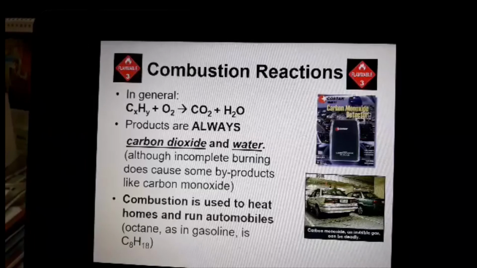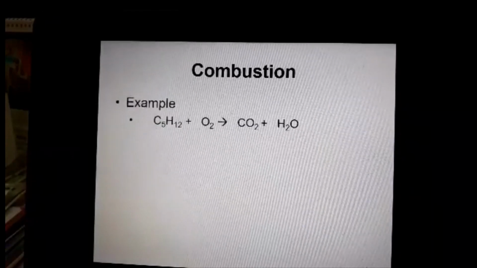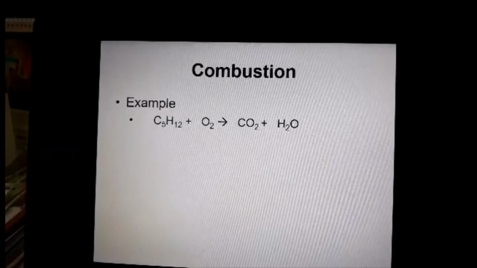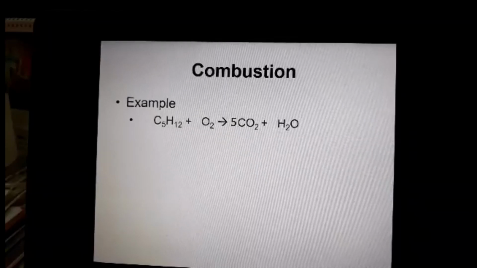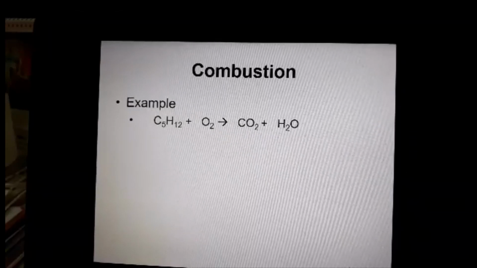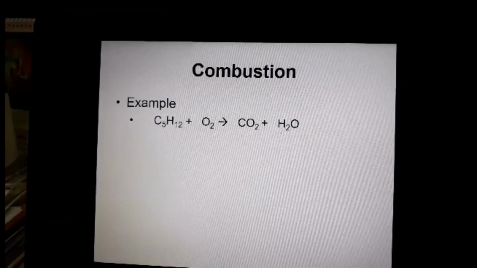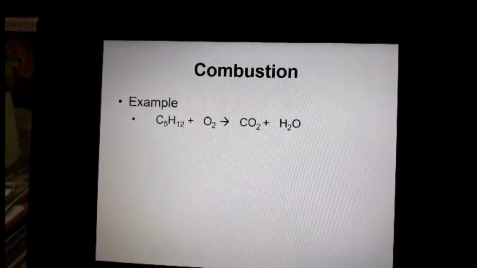We have the octanes as in gasoline, which has the formula C8H18. So, we have pentane plus oxygen gives carbon dioxide plus water. We must always take note that hydrocarbons react with oxygen to yield carbon dioxide and water.